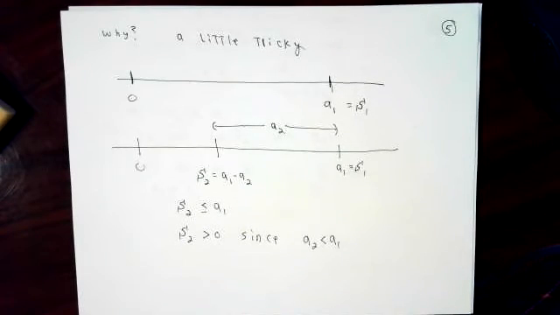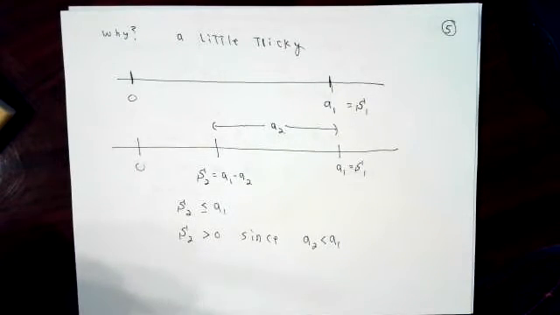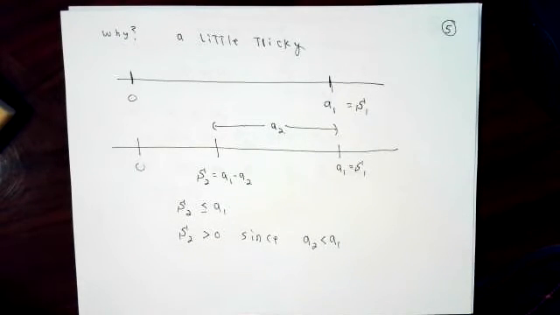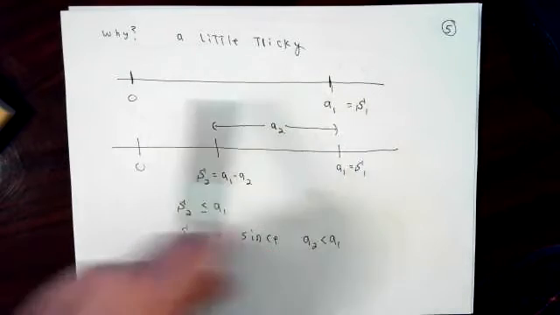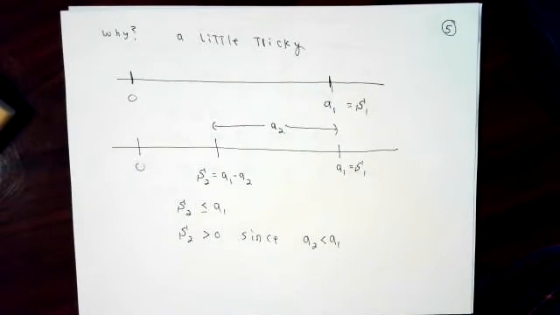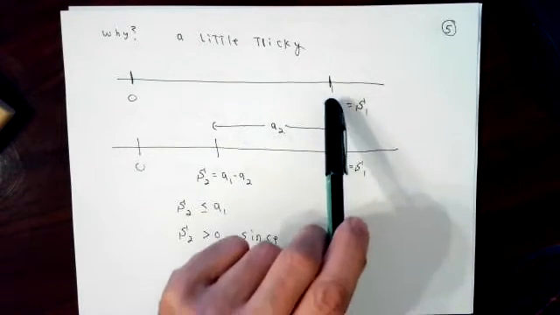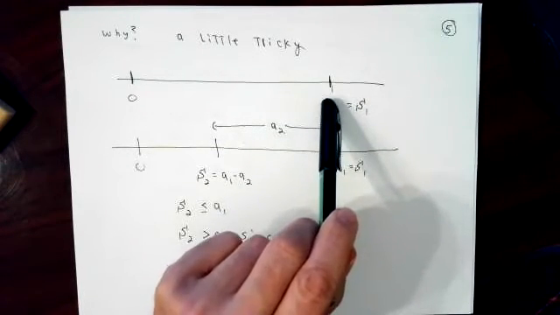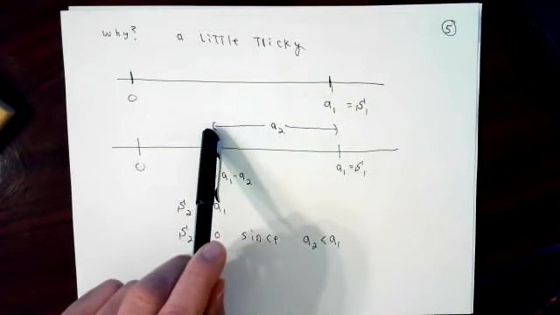To see why this is true is a little bit tricky, but not very tricky. Imagine that you have partial sum number 1, S1. S1 is just A1, which is positive because all of the A numbers are positive. When I calculate S number 2, I'm going to calculate A1 minus A2, which is going to be located at a location that is smaller than S1 by an amount A2.